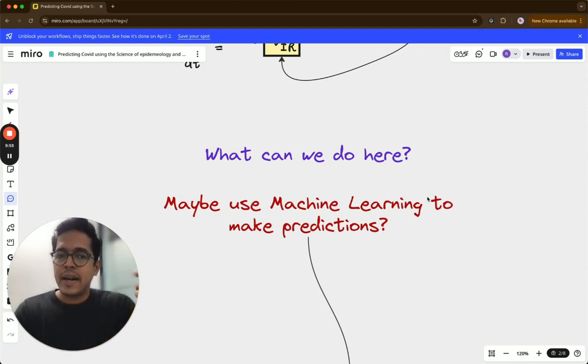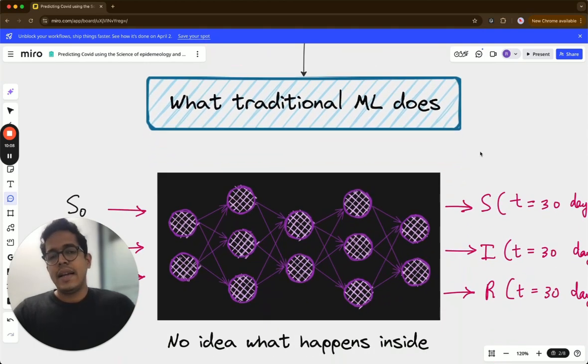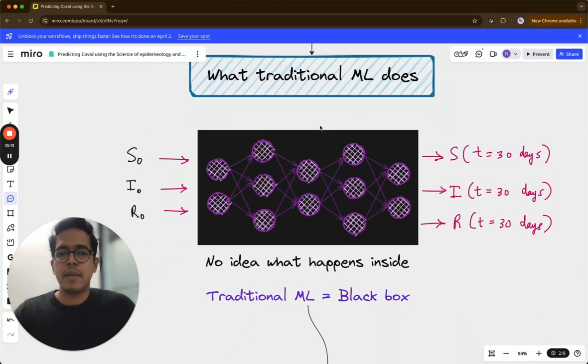So we want to make predictions of S of t, I of t, and R of t, which is susceptible, infected, and recovered as a function of time. So what does a traditional machine learning model do? A traditional machine learning model can be thought of as a neural network with multiple hidden layers.